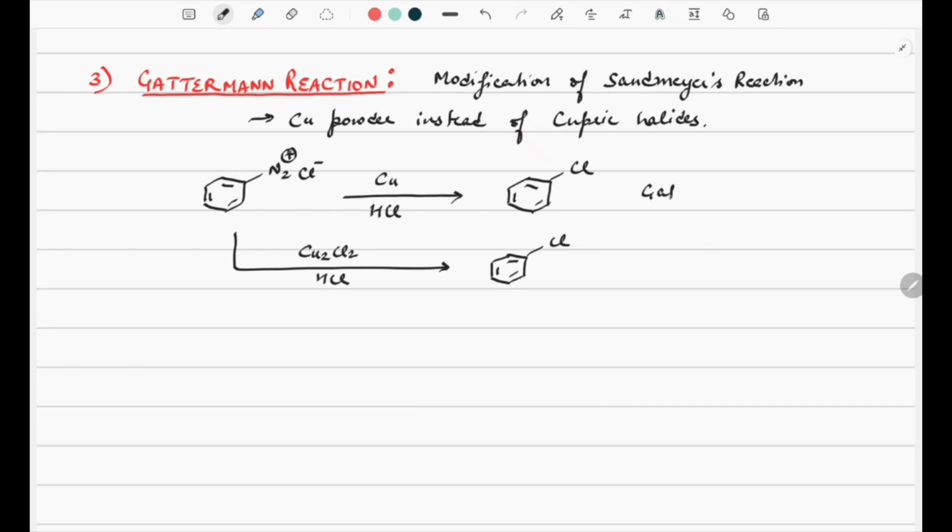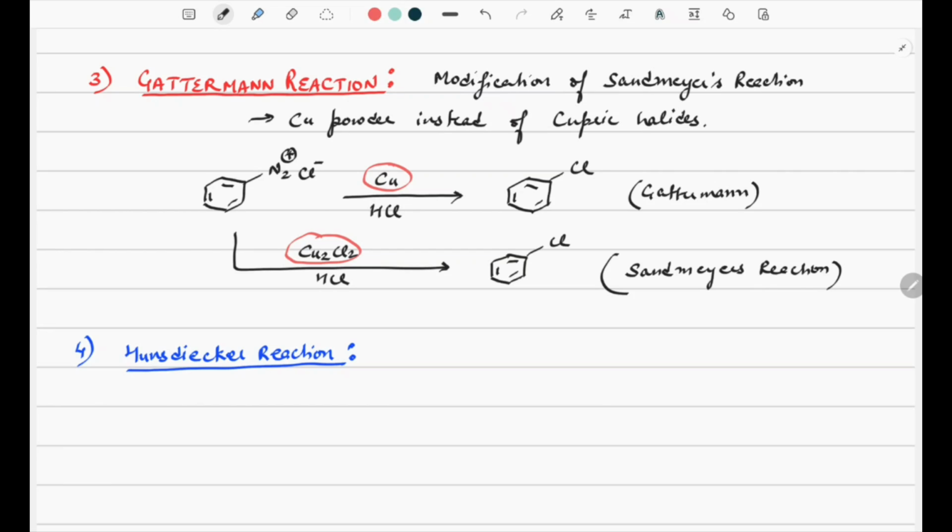So this is the Gattermann reaction and this is Sandmeyer's reaction. The only difference between these two is the copper species which the reactions use.